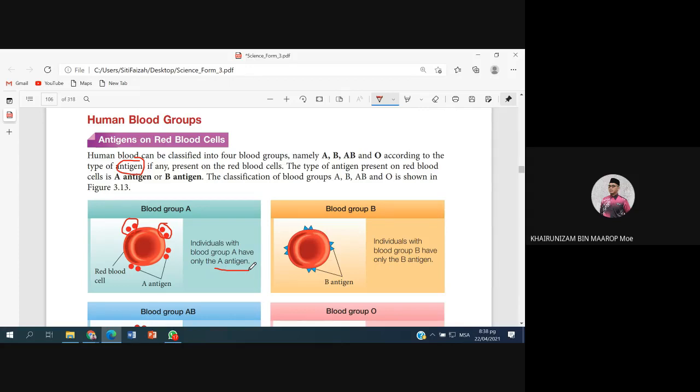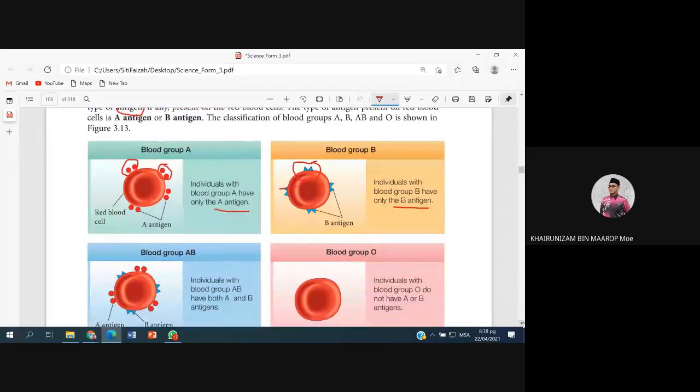And then in blood group B, there is antigen B. So we call it blood group B. It only has the B antigen.